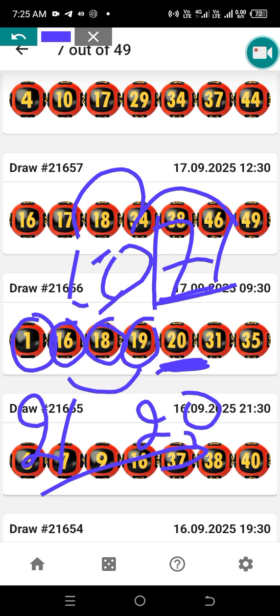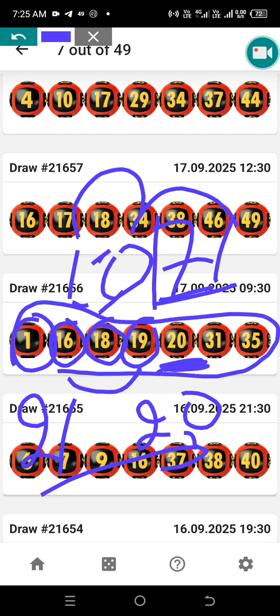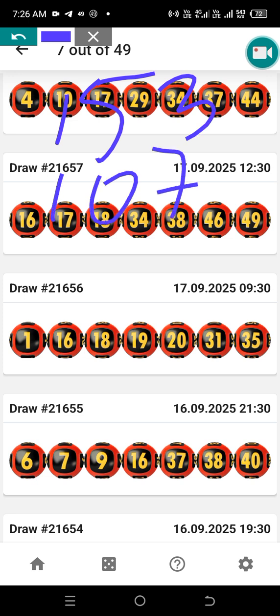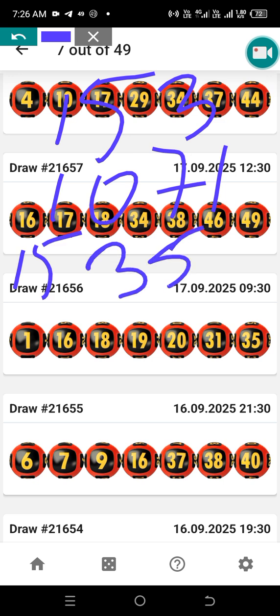So the whole draw was available in our calculation. At least if you have all the numbers of the draw, I'm sure you can select at least 3 numbers correct. Because if you break the code 153 and the 1071 code, you can see 15, 35, and 13.